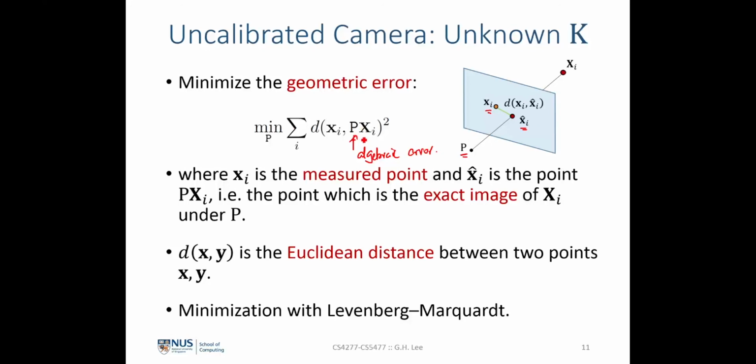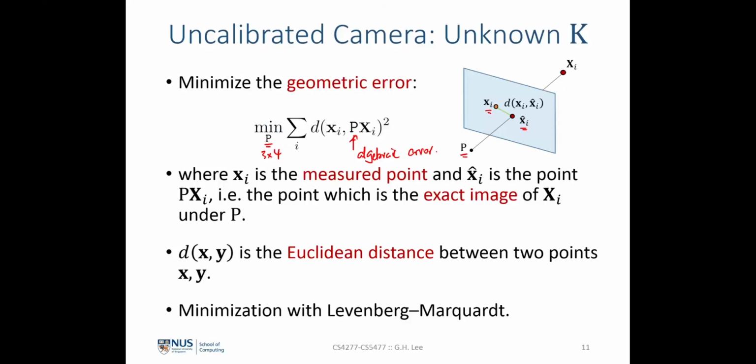The objective now is that we want to find the correct projection matrix P, the 3 by 4 camera projection matrix, such that the total reprojection error for every point is minimized, and this will guarantee us the best solution for the camera projection matrix.